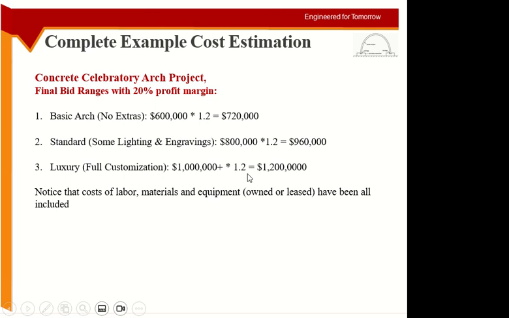And obviously, what if you are the contractor, let's say. If you are the contractor, which option would you go for? Option 1, 2 or 3? You will go with no extra or some extra cost, or you will go with full extra cost, full elements.